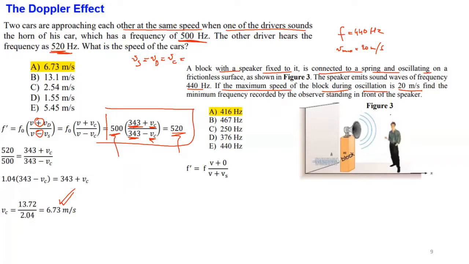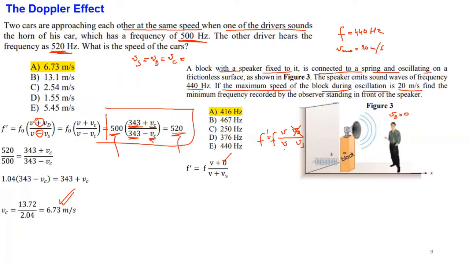So you are standing here, you are the detector, and of course you are stationary. So you know that F prime is F (V plus VD) over (V minus VS). Now, of course, you are stationary, so VD is 0. Forget about it. That's why here I put 0.